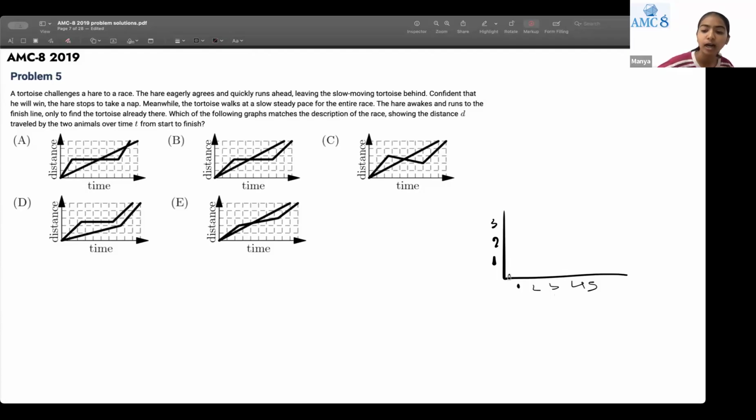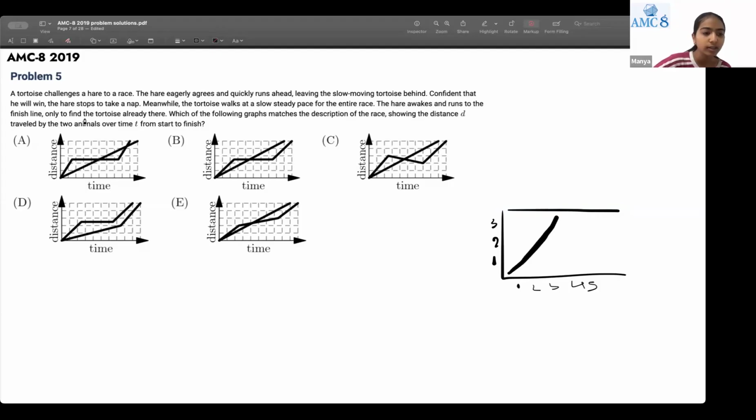If they reach 3 miles in suppose 3.5 hours, or maybe like 4 hours. Okay, and then the hare may reach like this, and then it may take a break, and then it can keep going like that. Or it should be looking something like this. Okay? So this is just an example, and the tortoise will reach before because it takes less time.